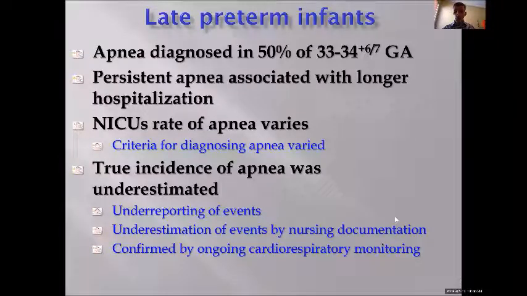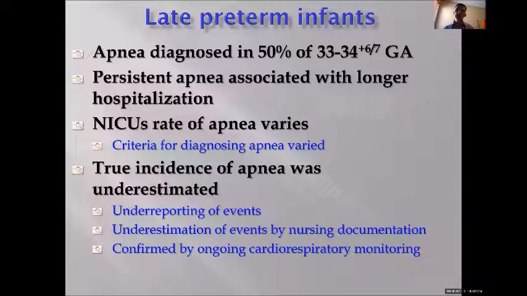because we define apnea, usually we depend on nursing reports. We put a criteria in place for the nurse and the nurse reports. And most of the nurses, for various reasons, underreport. Or they underestimate the event and therefore they don't report it. So they underreport, but also they underestimate.